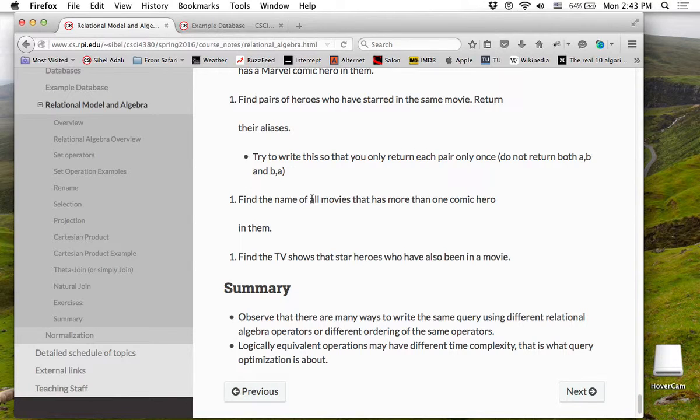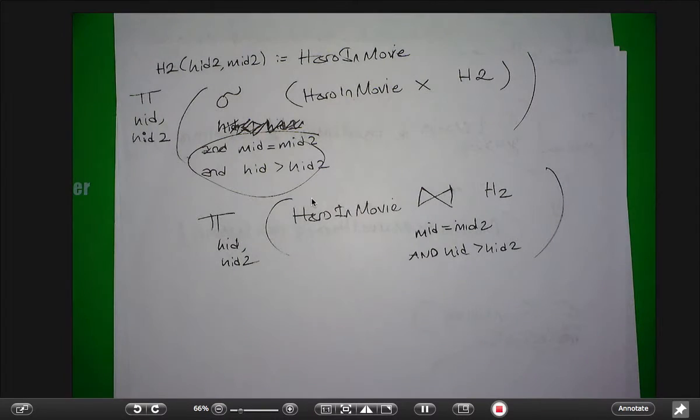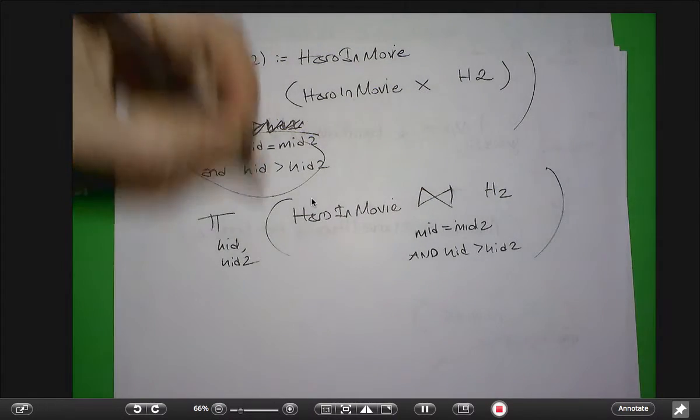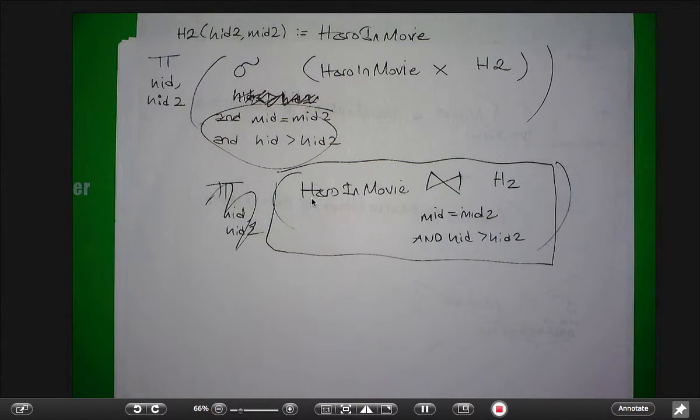That's right. We actually have already found movies that have two separate heroes, right? So that's what this was. If I didn't have this, this is actually movies that have at least two heroes, because we have two different pairs, two different couples for the same movie but different heroes.